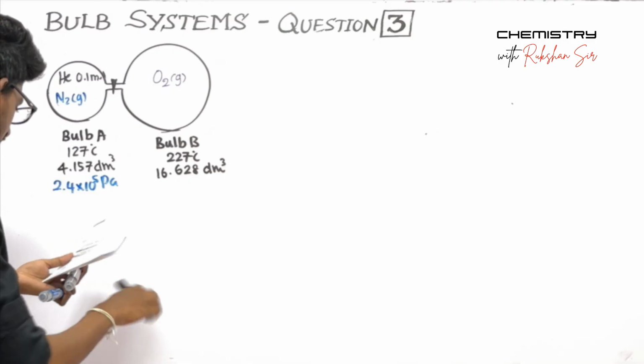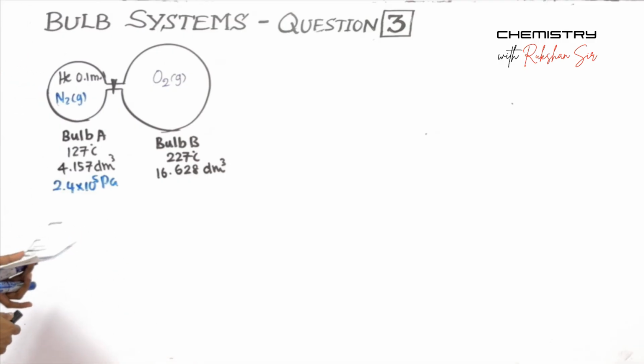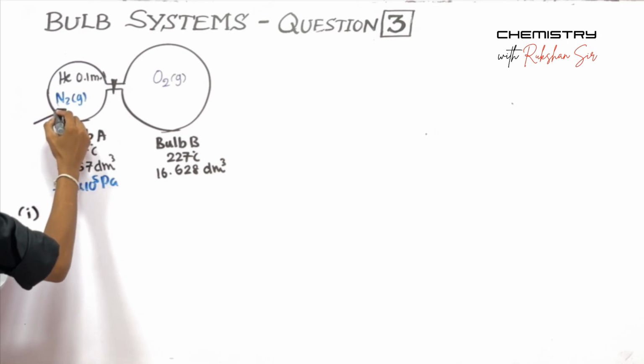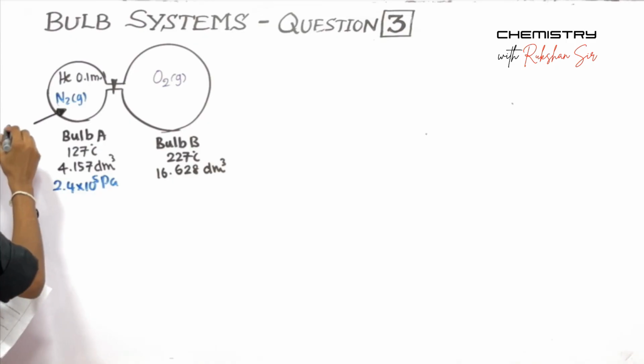Roman number 1, what are they asking? The total number of gas molecules. So when it comes to bulb A, you know the pressure, the volume, and the temperature. What they are asking is the total number of gas moles in total.